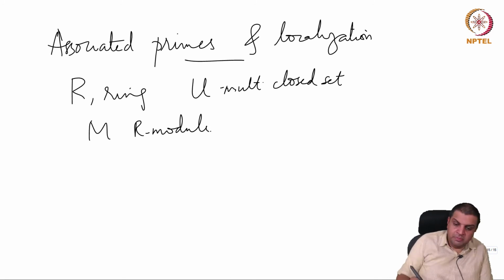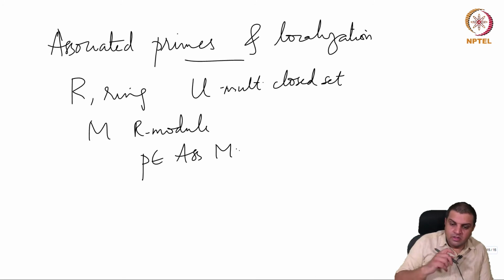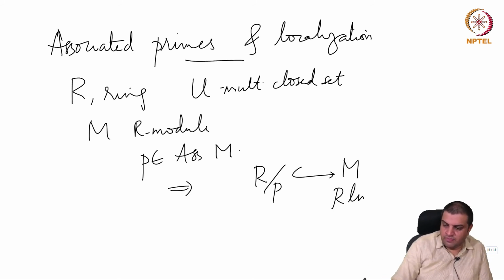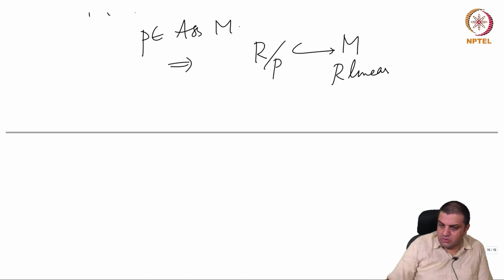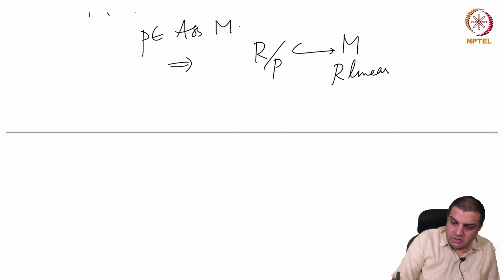Suppose that P is associated to M. Then what does this say? This says that there is an R linear, injective map from R mod P to M. Now, we could localize this whole map.